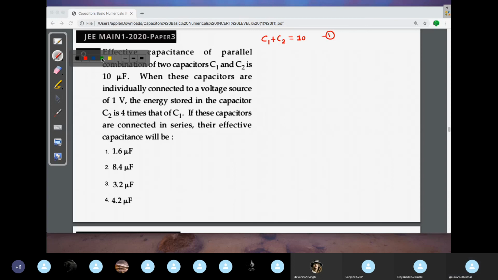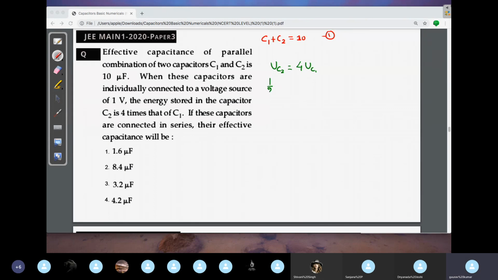Next, when these are individually connected to voltage source 1, the energy stored in C2 is 4 times the energy stored in C1. We can use half CV square.